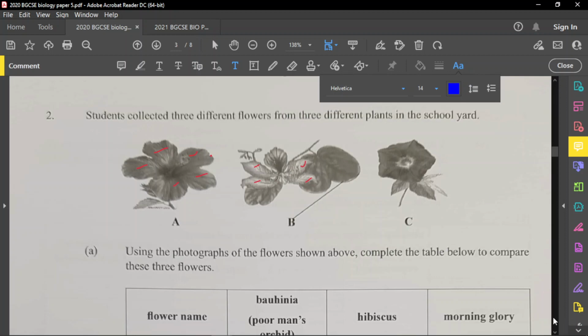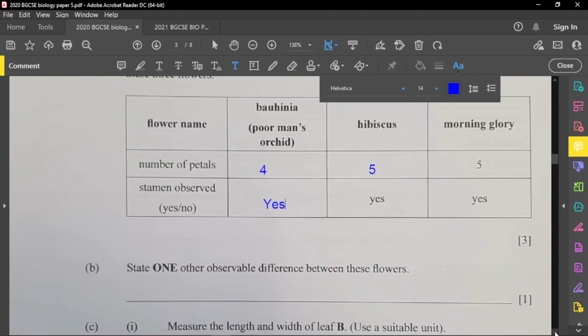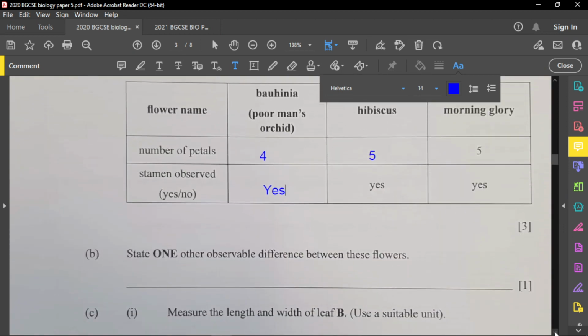All right, so the closeness of the petals could be one, or we can have the position of the stamen, and also the number of stamen. So we have 3 things to talk about. So one, we can say the position of the stamen. That's one. Or we can put another one here. I'll talk about the distance of the petals, or the closeness of the petals.